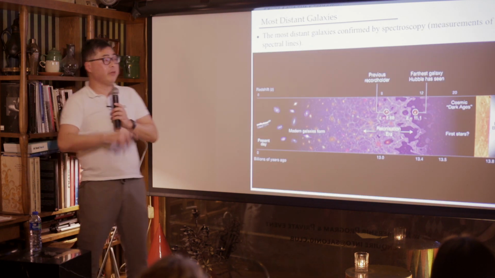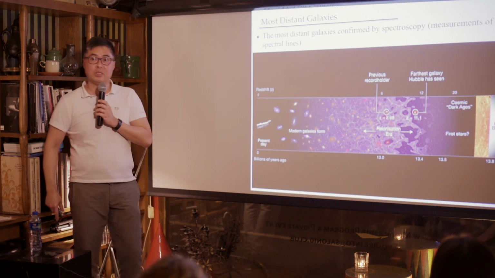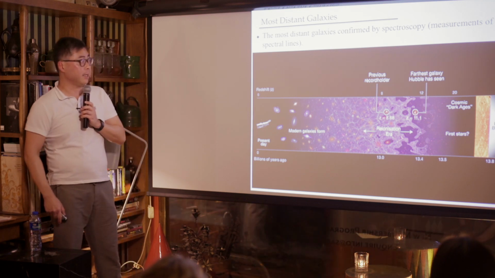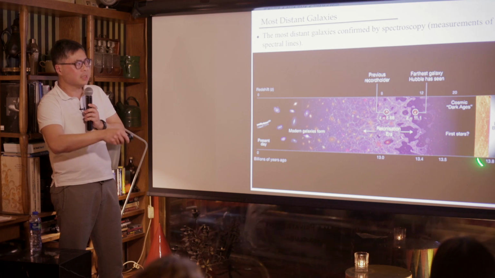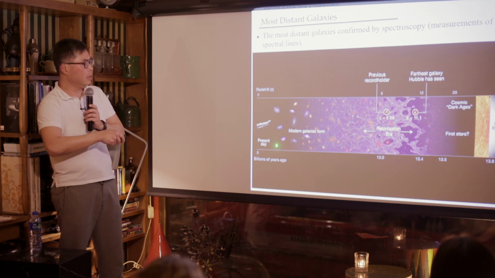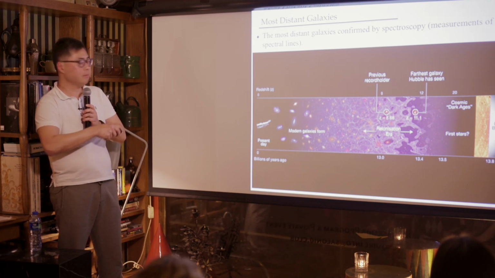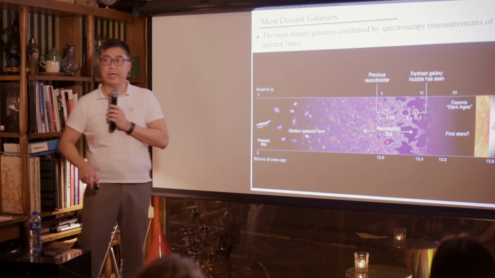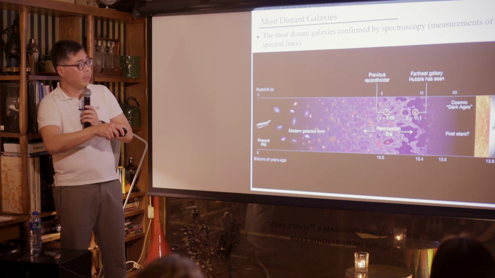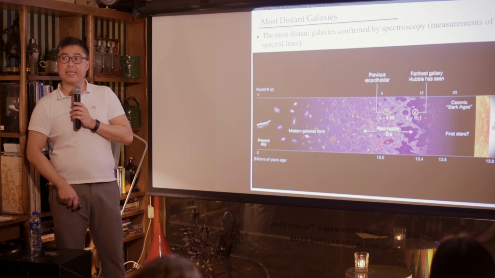Let me give you a sense of the most distant galaxies we've found today. This diagram is reversed from previously. This is the beginning of the universe over here, and at the present time we're over here. This is the Hubble Space Telescope. The data I'm going to show you today is from the HST. These are the two most distant galaxies that we detected today.